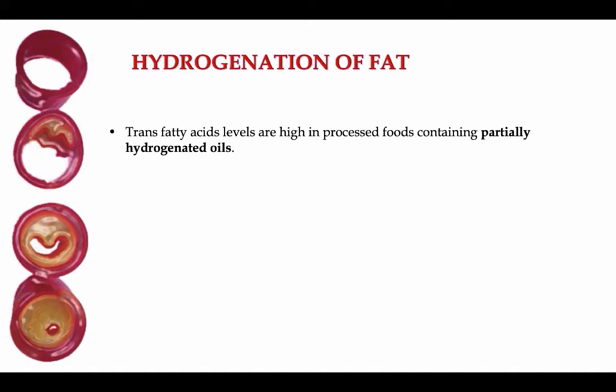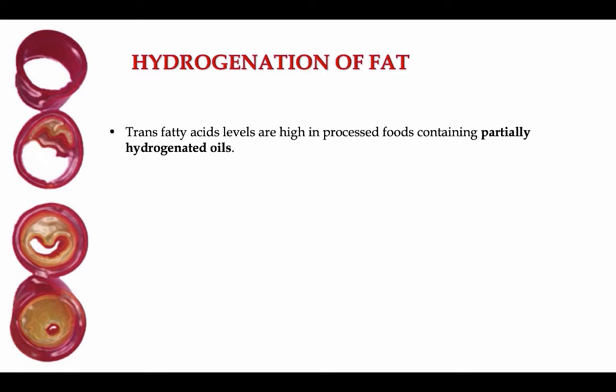I want to go into a little more detail now. Trans fatty acids are found in processed foods that contain partially hydrogenated oils. In January of 2020, a regulation was supposed to go into effect that was eliminating hydrogenated oils from the food supply. I'm curious to see how that works out, and hopefully next year at this time I won't have to be talking about foods that have been hydrogenated.